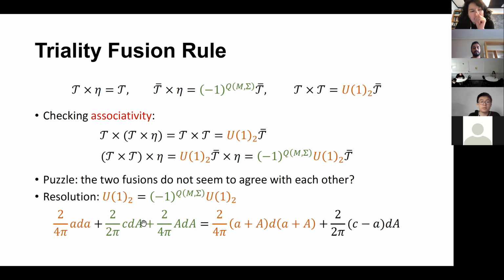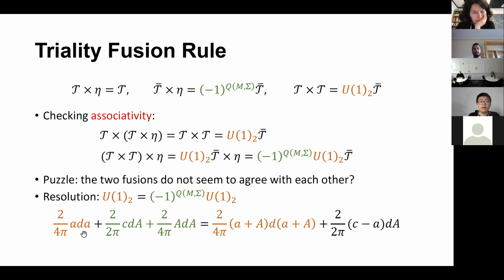Here C is a dynamical gauge field and A is a background gauge field. The equation of motion of C simply tells us that A is a Z2 gauge field. So this just constrains the U1 gauge field to be a Z2 gauge field. And then the second term is the topological action for the Z2 gauge field. If we reduce it to Z2 gauge fields, this just gives us -1 to the power q.